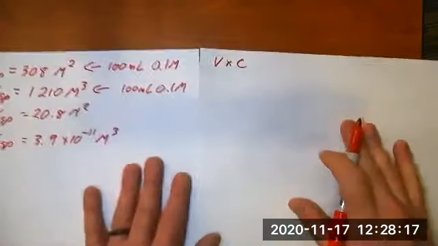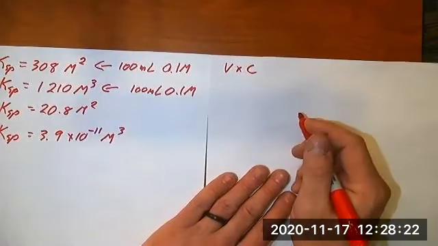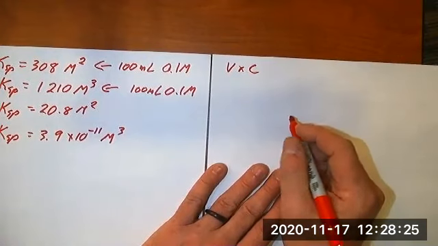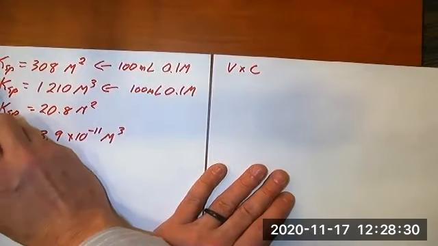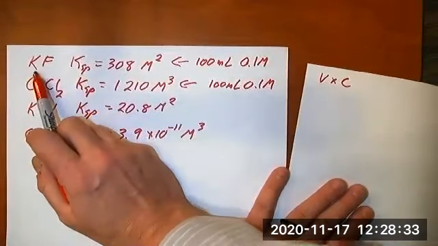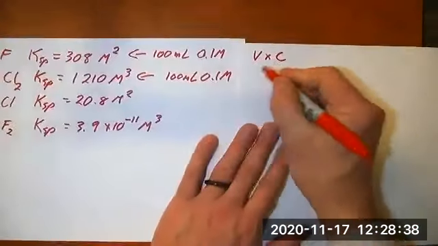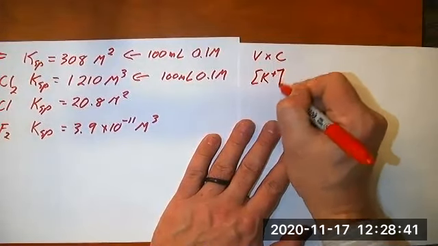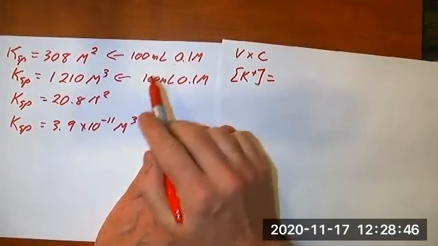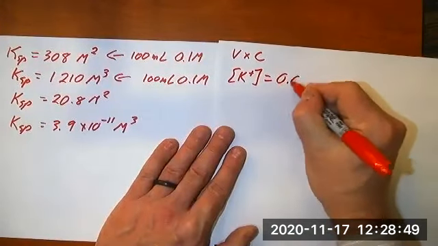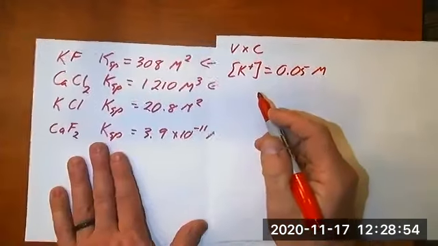But since we have an easy combination, let's go ahead and write down what the initial concentrations of the ions before we let them react are going to be. So potassium fluoride is going to split into potassium ions and fluoride ions. And so our potassium ion concentration is going to be half of the initial concentration because it gets diluted. So it's going to be 0.05 molar potassium. Same thing for the fluoride.